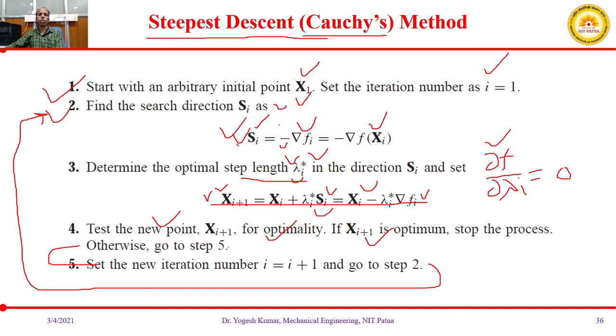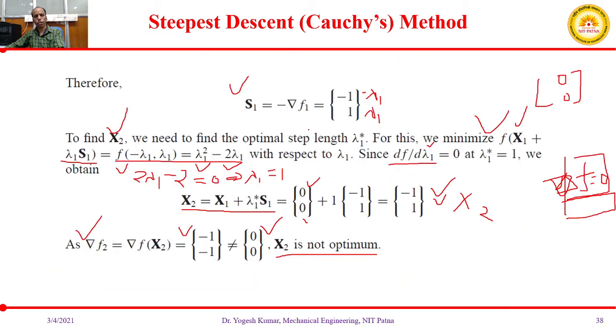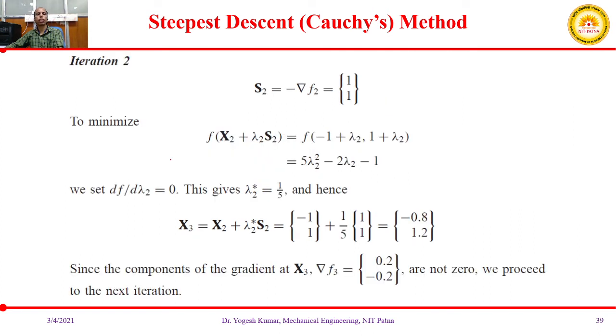Now you will search for S2, the search direction at the second point, which will be equal to minus gradient of f2, that is the value of the gradient at point 2. Let us calculate it. This is minus 1, minus 1. So your new search direction will become S2 equal to minus gradient of f2, which is equal to 1, 1.